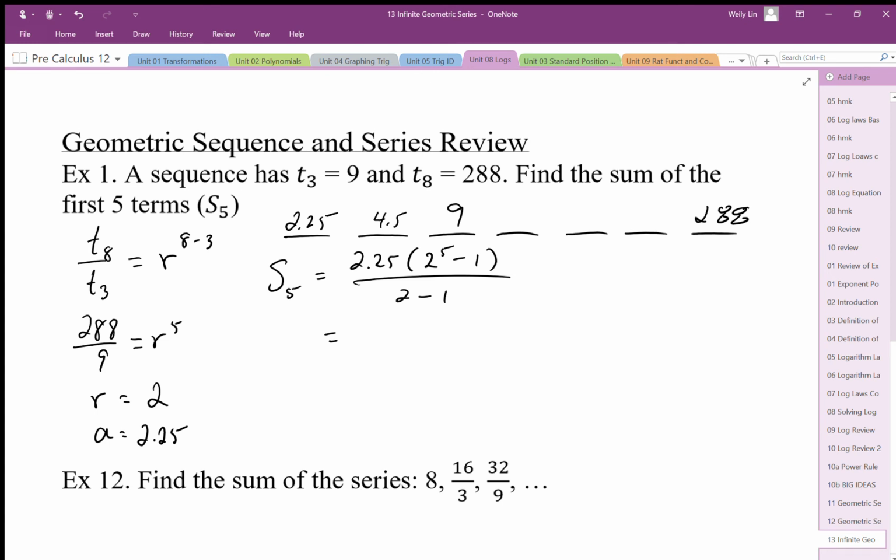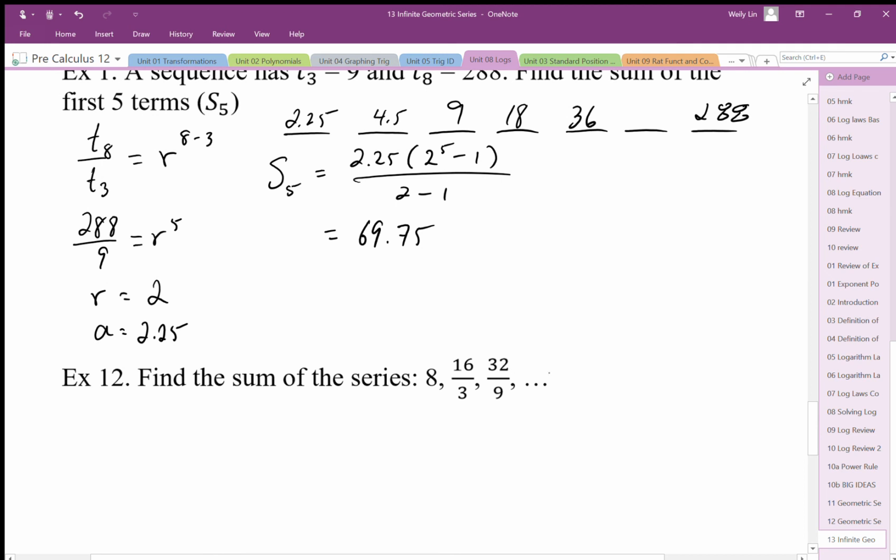The total sum ends up being 69.75, the sum of the first 5 terms. And if I actually wrote out the first 5 terms, I'm going to get 54, 63, 67.5, 69.95. Yeah, it all works out.